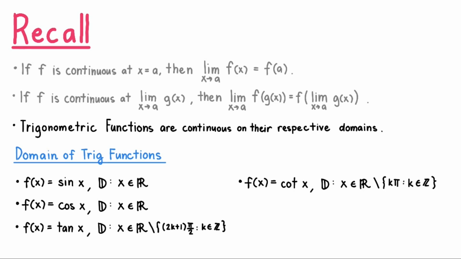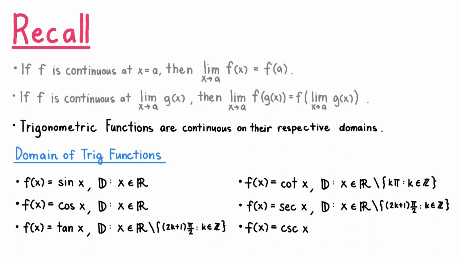Then the next one, after tangent and cotangent, is the secant function. Its domain is all real numbers minus, again, the odd multiples of pi over 2. And lastly, the cosecant of x, its domain is all real numbers minus, again, the integer multiples of pi.